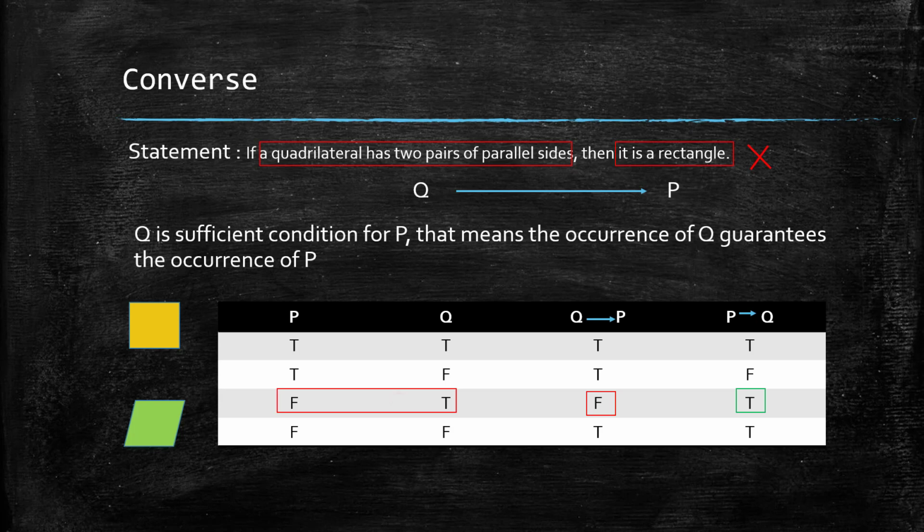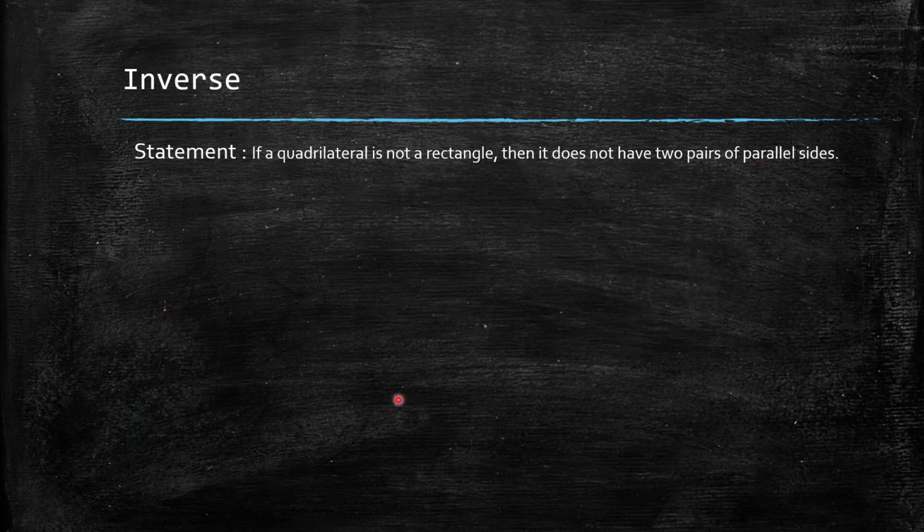Now let's move on and talk about the inverse. For that, let's analyze this particular statement: if a quadrilateral is not a rectangle, then it does not have two pairs of parallel sides. Similarly, we will try to identify our inner propositions here. A quadrilateral is not a rectangle, and it does not have two pairs of parallel sides.